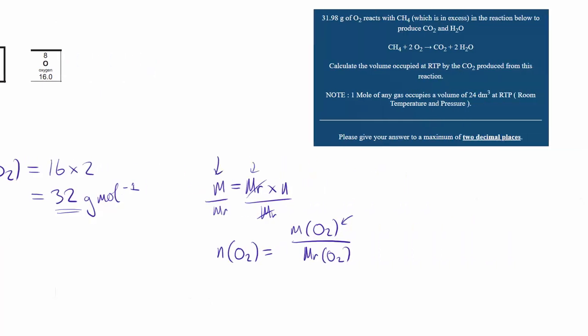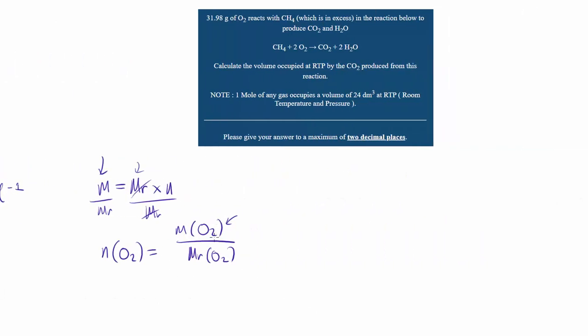Okay, so we've got that value now, 32. What can we do with that? Well, we're effectively going to plug that in. So the moles of O2 is equal to the mass, which is given in the question as I mentioned, so 31.98 divided by the molar mass, which is the 32 we just worked out, right?